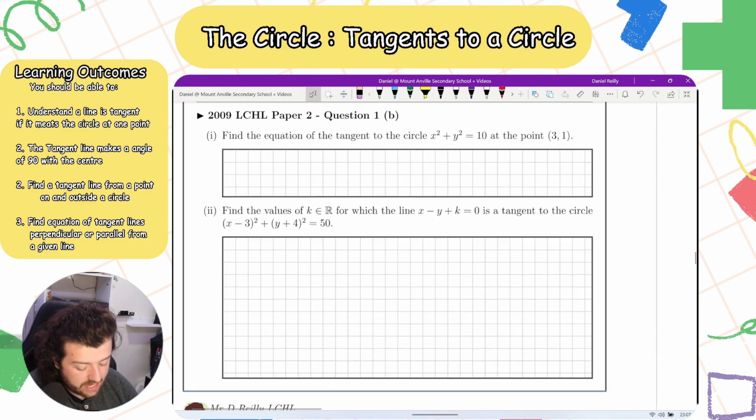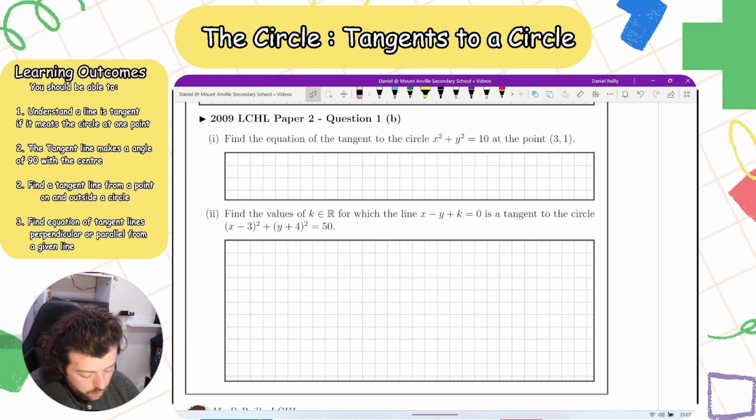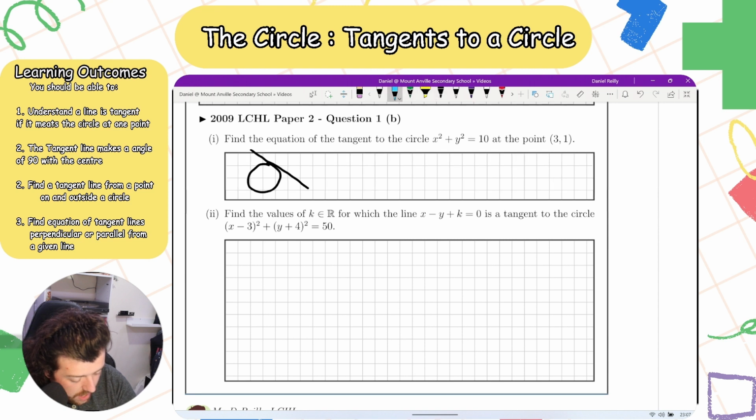Right, let's go back now to 2009. Find the equation of the tangent to the circle x² + y² = 10 at the point (3, 1). Well, again, sketch it out. I know my point is (3, 1). My center point here is going to be (0, 0).